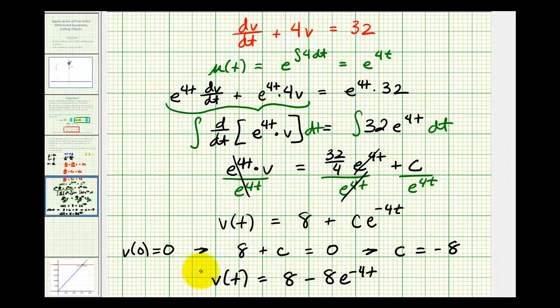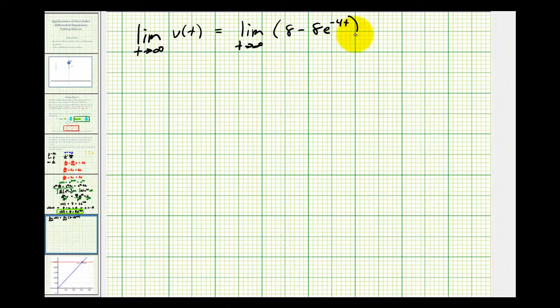So to find our limiting velocity, we need to find the limit of this function as t approaches infinity. Let's go ahead and do that on the next slide. To do this, it might be helpful to rewrite this second term as a fraction. So we would have 8 minus 8 all over e to the power of 4t.